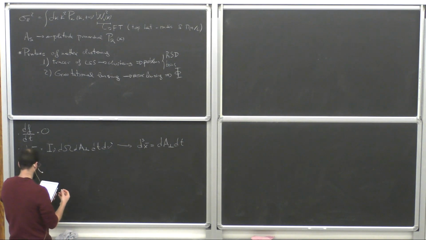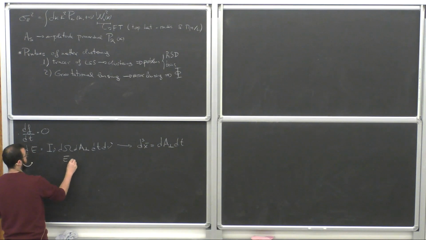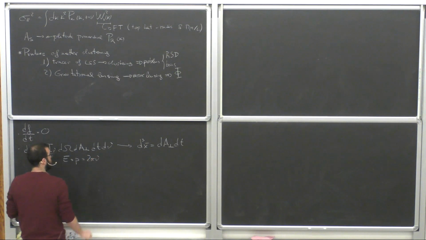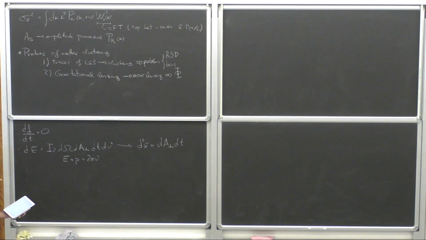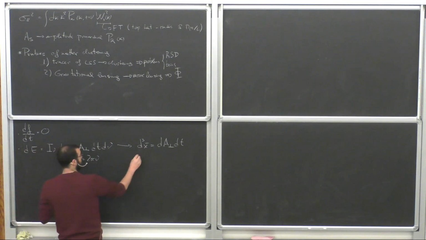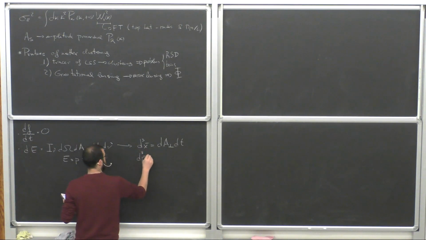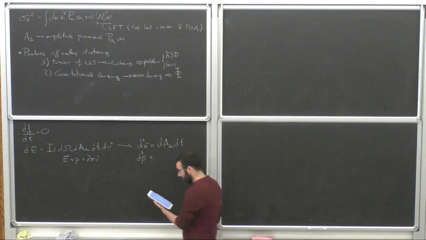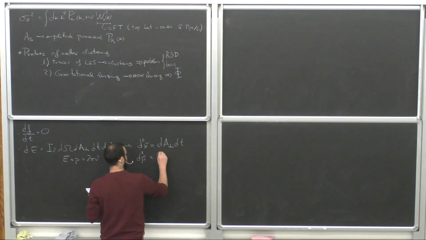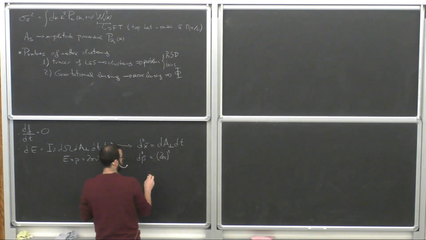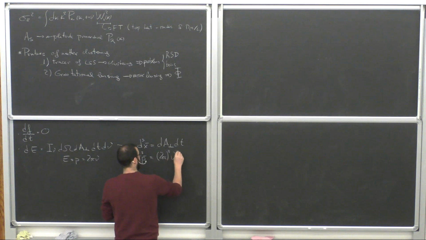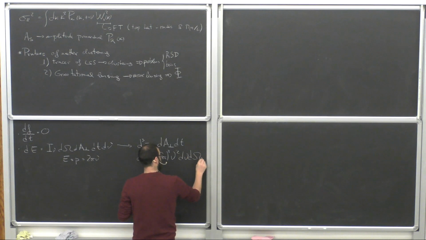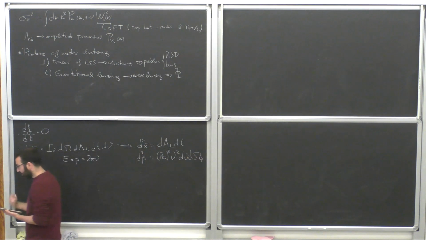And also, since in natural units the energy of the photon goes as the momentum, which is 2 pi times the frequency of the photon, we also know that the volume element in momentum space is equivalent to 2 pi cubed, nu squared d nu, and then the solid angle that we receive photons from.